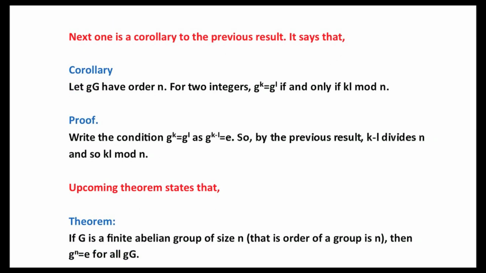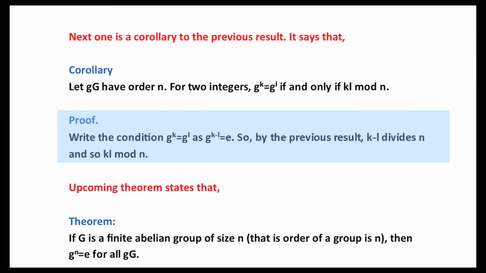Next one is a corollary to the previous result. It says: corollary, let g, an element of G, have order n. For two integers k and l, g to the power k is equivalent to g to the power l if and only if k is congruent to l mod n.